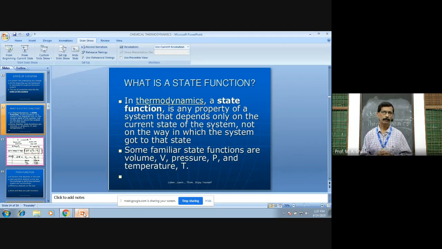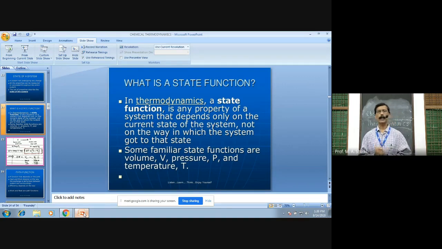Listen carefully. The measurable or thermodynamic property of a system which depends only on the initial and final states of the system and does not depend on the path followed by the system to go from the initial state to the final state is called a state function.